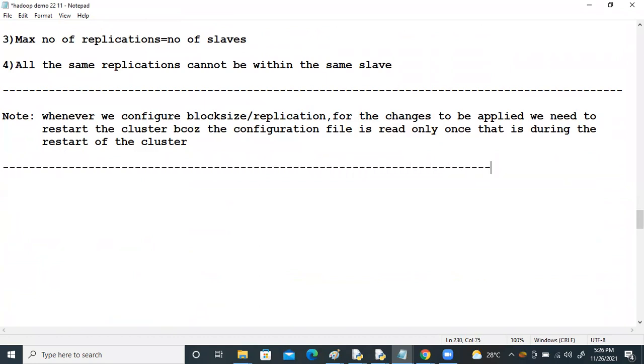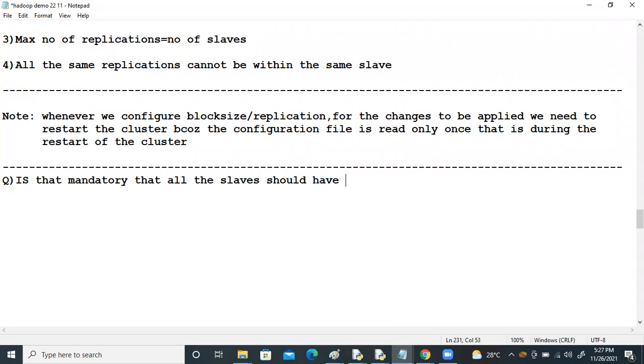I have a couple of queries here. Is it mandatory that all the slave machines should have the same hardware configuration?